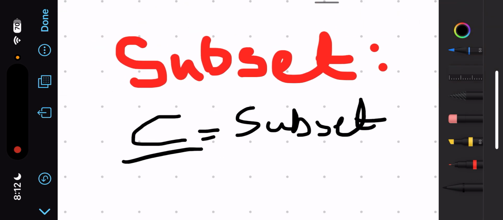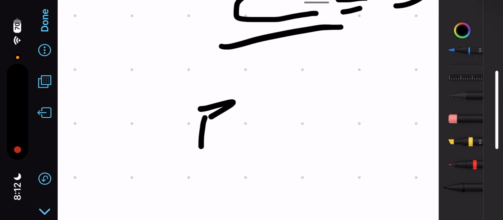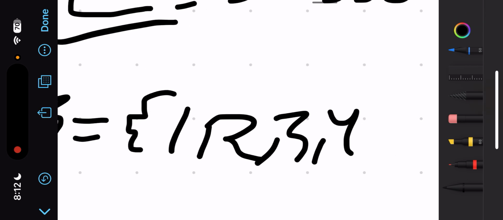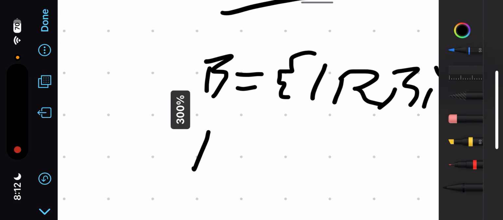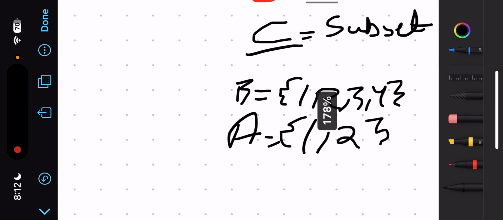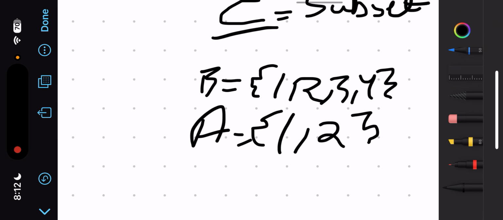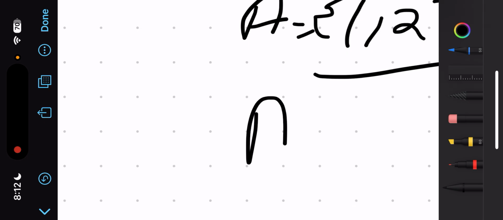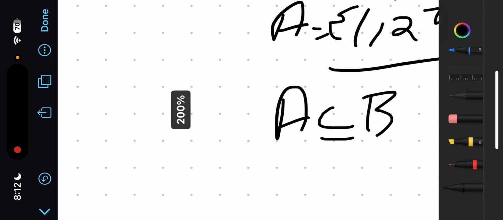For example, I am writing here B equals {1, 2, 3, 4} and here A equals {1, 2}. So A is a subset of B because all the elements that A has are in B. Means A has 1, 2 and B also has 1, 2. So A is a subset of B.